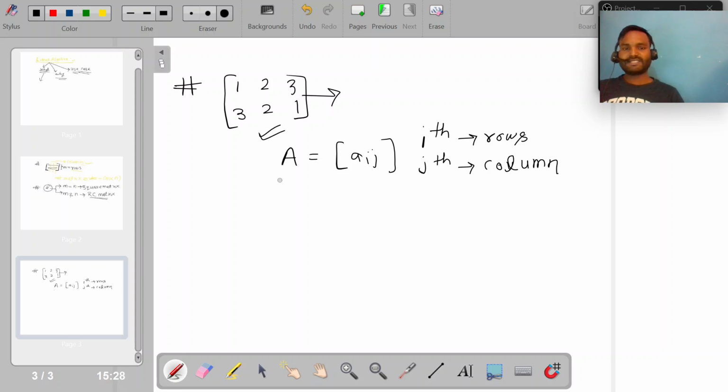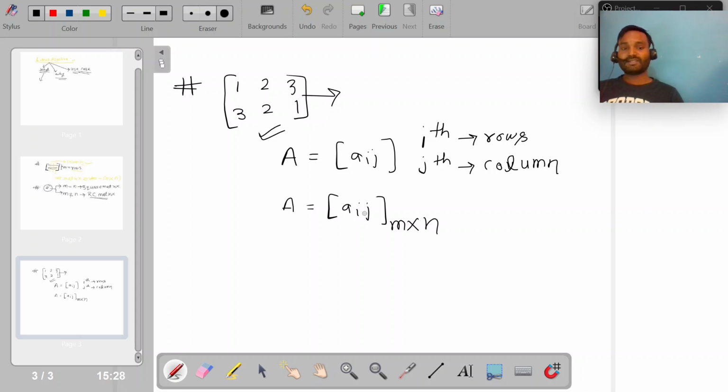So this is the matrix format: a_ij, and the order is m cross n.